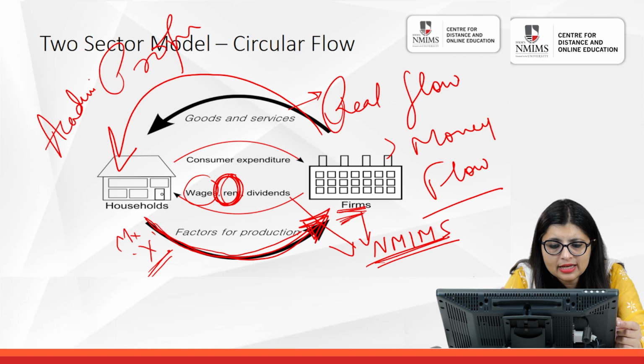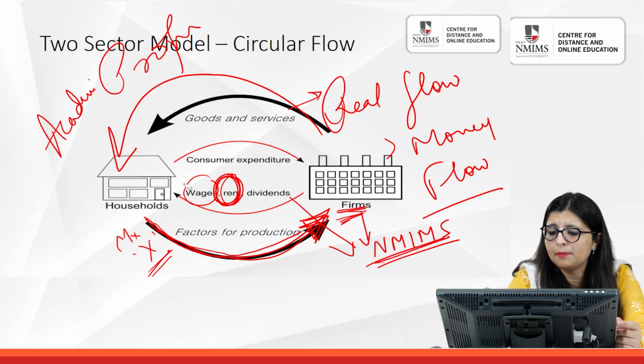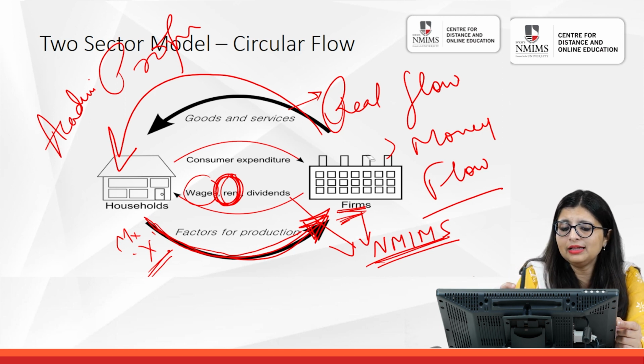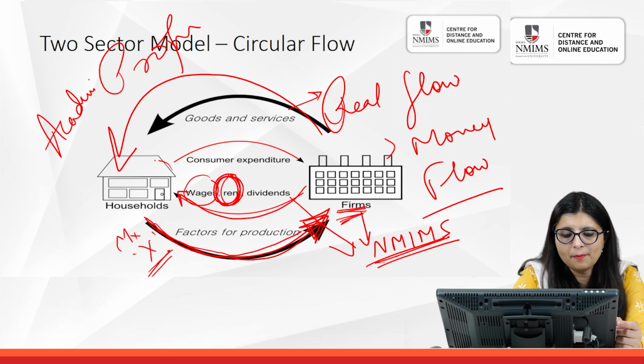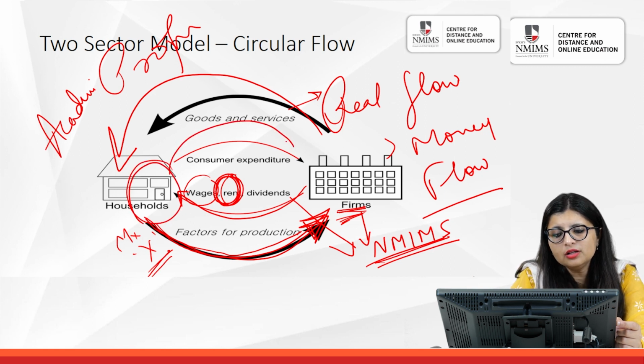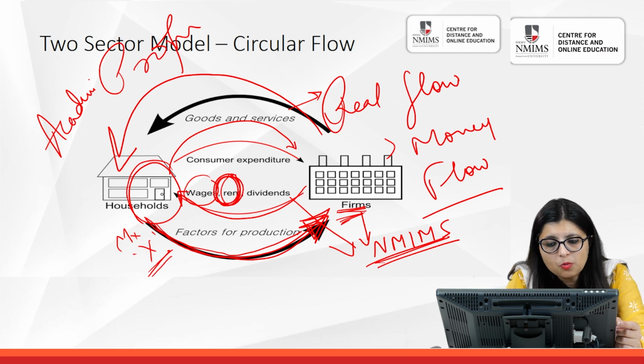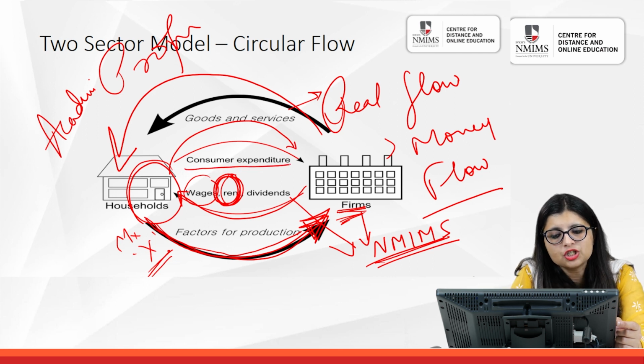In other words, the household can be employed in these firms and be paid rent, wages, salary, however it is, and in turn whatever money a household gets, they spend as consumer expenditure.